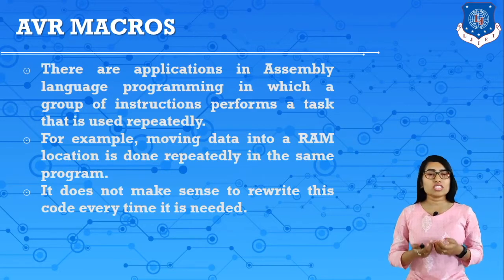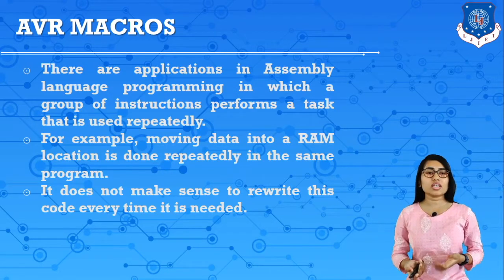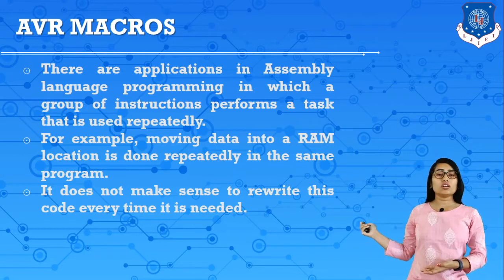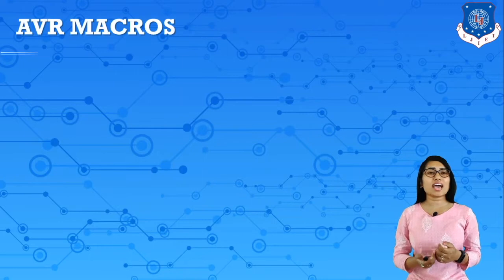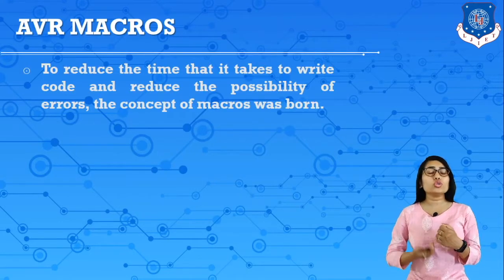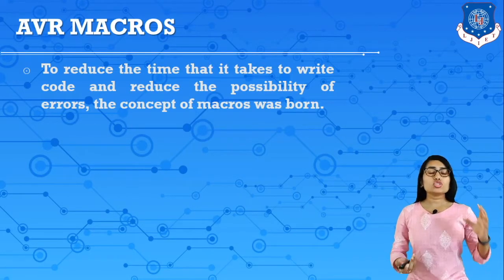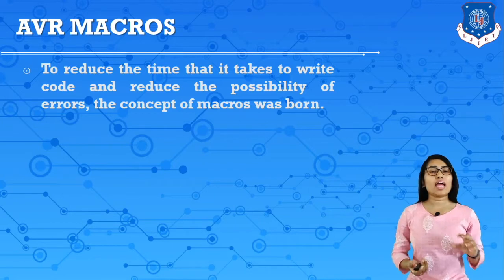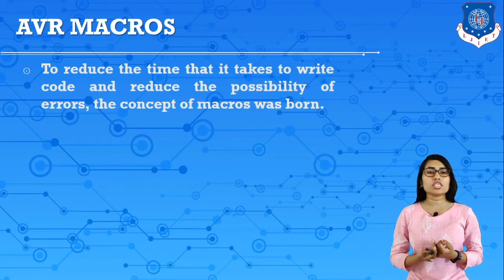It wastes our machine cycles and our time. So to reduce the time it takes to write code and reduce the possibility of error, the concept of macros was born.